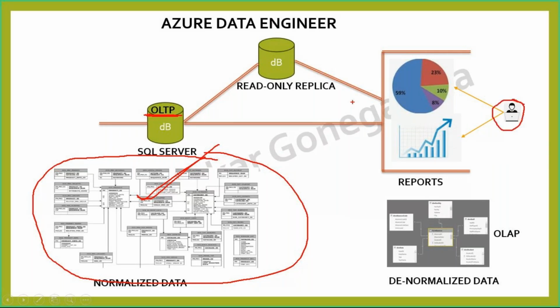To provide that, they have to bring the data from here. They can do it, but this is not recommended because you're trying to get data directly from the business system. That's going to impact the business. Someone is trying to make a transaction and you're trying to read the data from here, there will be conflict and there will be impact on the business server.